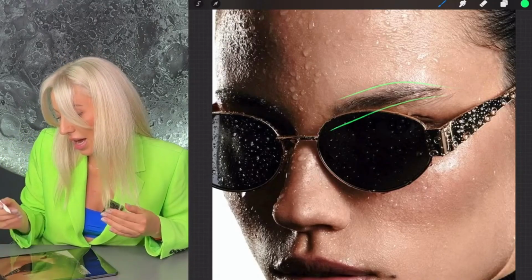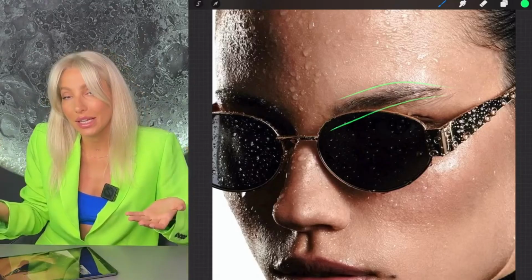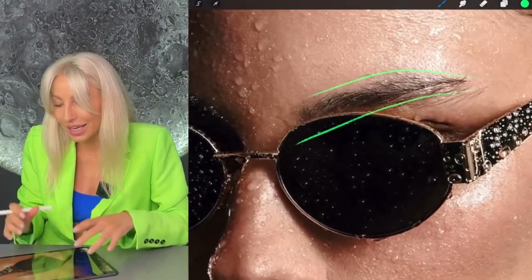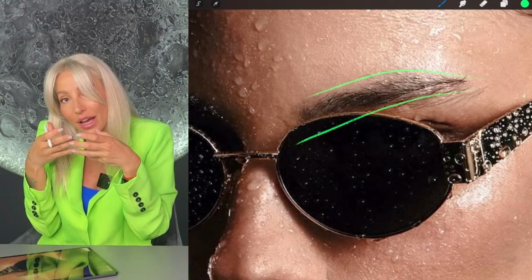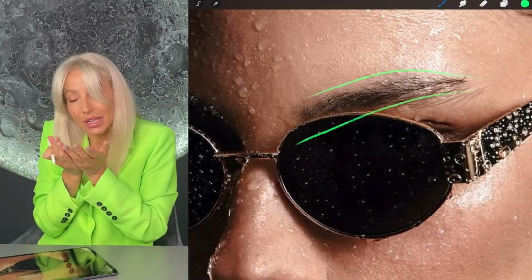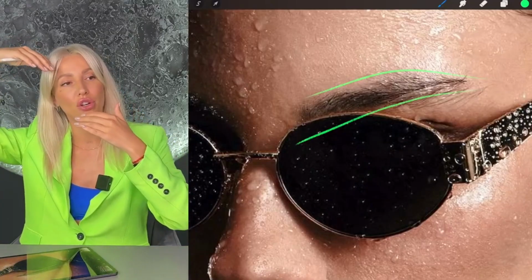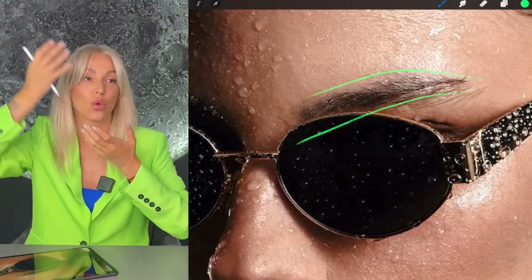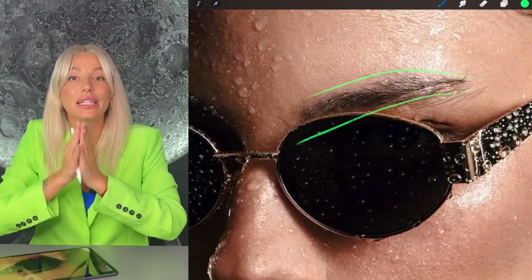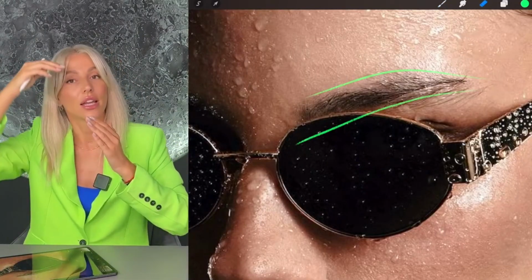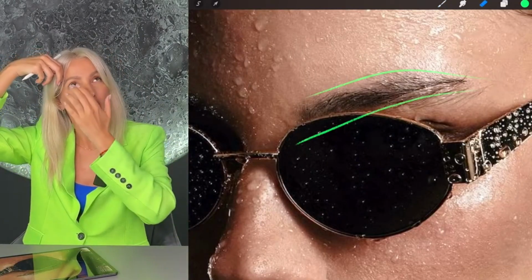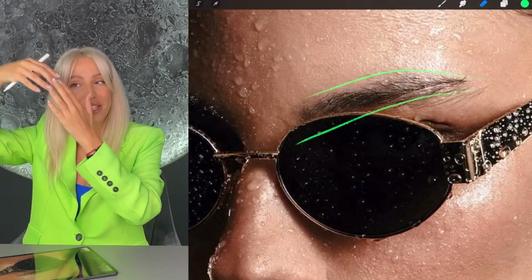And then how to understand where is the guideline. You need to find the darkest area, the most concentrated area on the eyebrow, where the hair strokes which are growing down and the hair strokes which are growing up meet each other. They're like, oh, I'm going down, oh, I'm going up, oh, this is our meeting point.